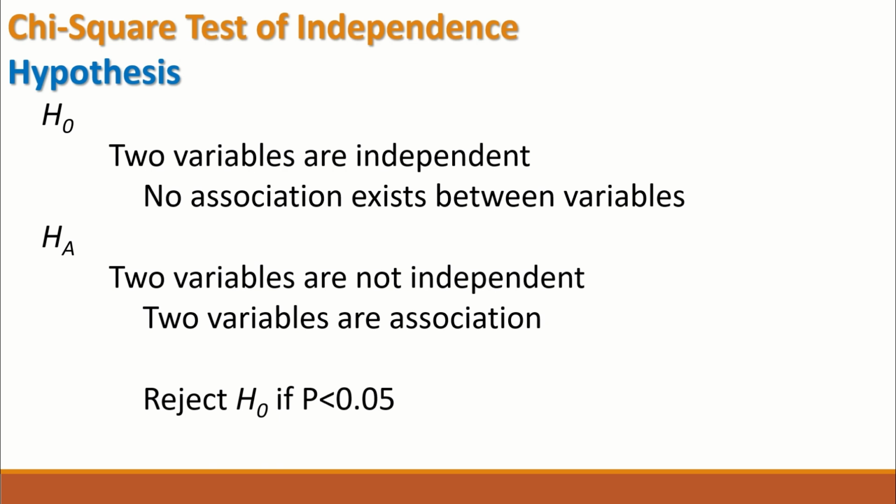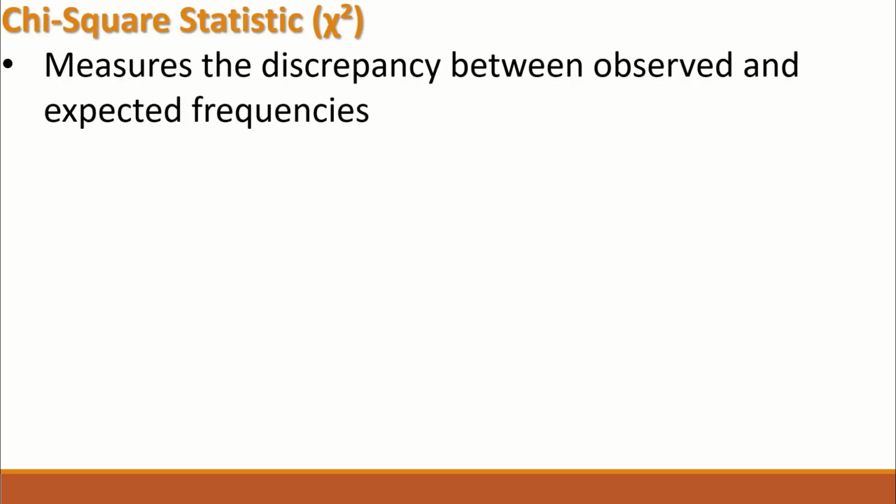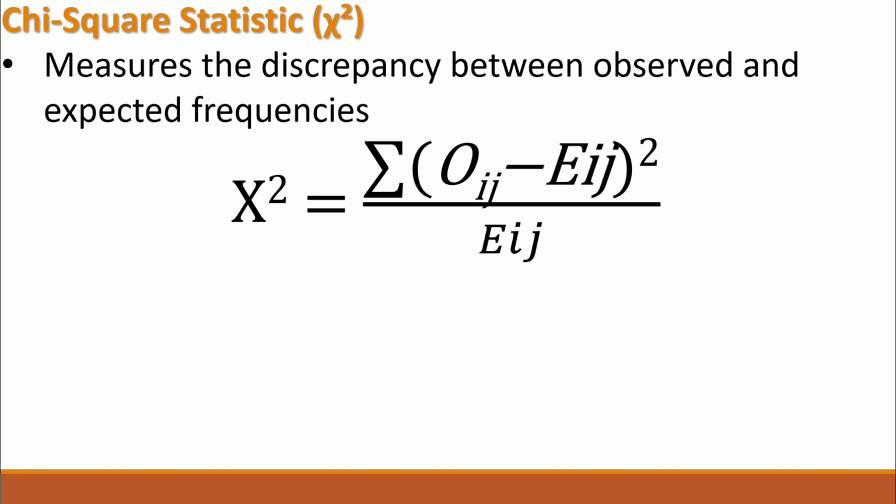And then the rejection or acceptance of the null hypothesis depends on the p-value. If the p-value is less than 0.05, then reject the null hypothesis. So the chi-square statistic will measure the discrepancy between observed and expected frequencies based on the formula given here.